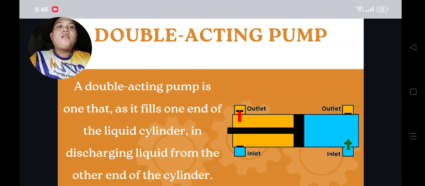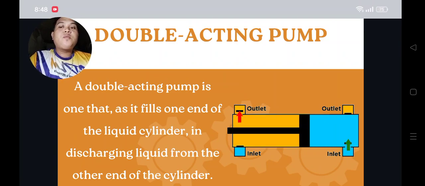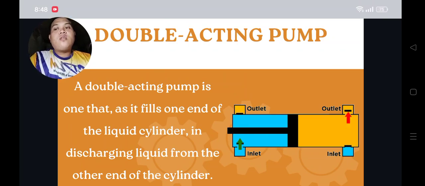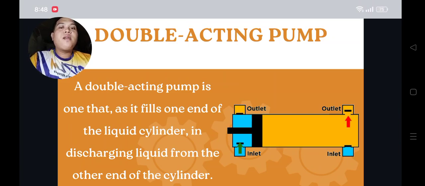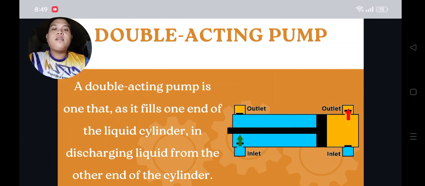A double acting pump is one that fills one end of the liquid cylinder and discharges liquid from the cylinder at the other end. Whereas the piston in a single acting pump moves in one direction, the double acting one moves in both directions. When the pump piston moves in one direction, it pulls liquid into one side of the cylinder, and at the other end, it discharges the liquid through pushing. These are the same categories of pumps, with the same names and functions but different positions.